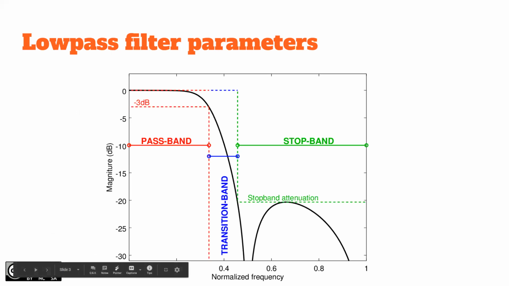Passband is generally defined with the -3 dB point, unless you have a ripple on the passband, then this attenuation level could be something else.